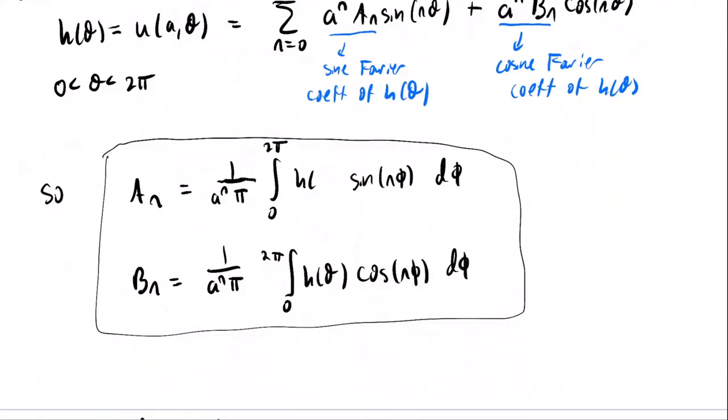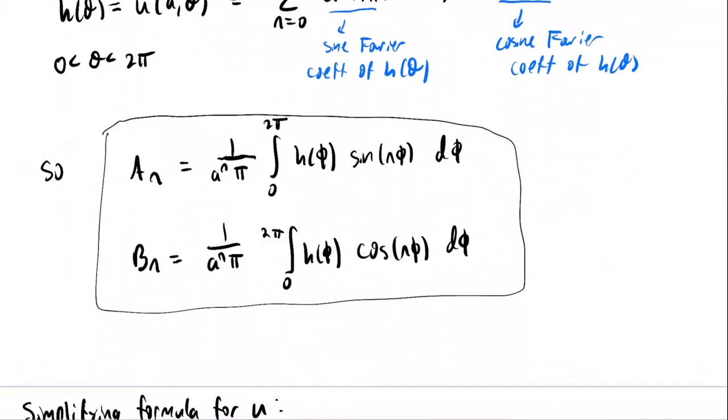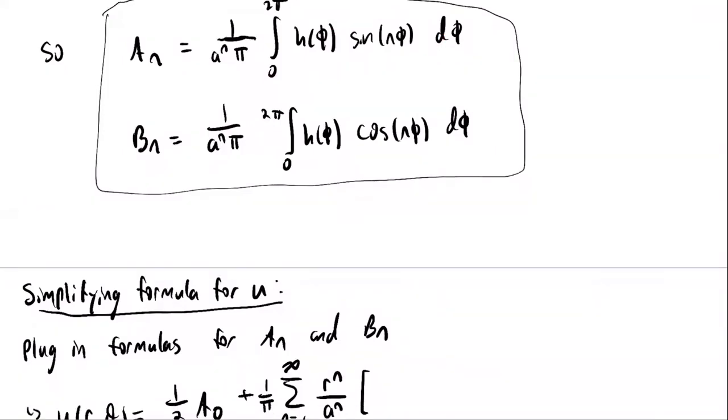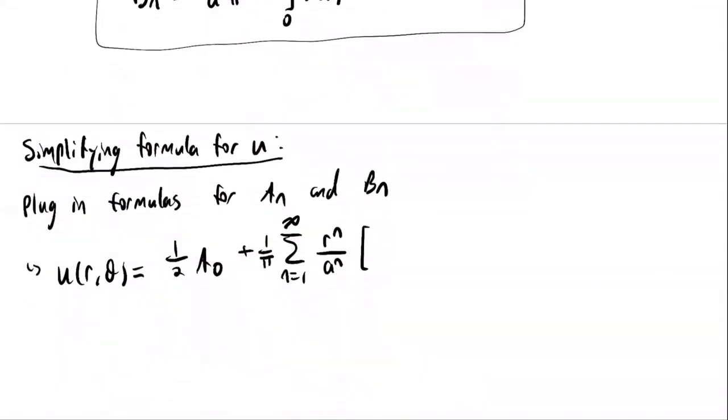So let's say this is sine of n phi. This doesn't mean we're using spherical coordinates. This just means I'm changing the dummy variable, that's all this is. You'll see why in a second. And so now I want to plug these formulas in for a_n and b_n respectively. Oh, sorry, this should be b sub 0.